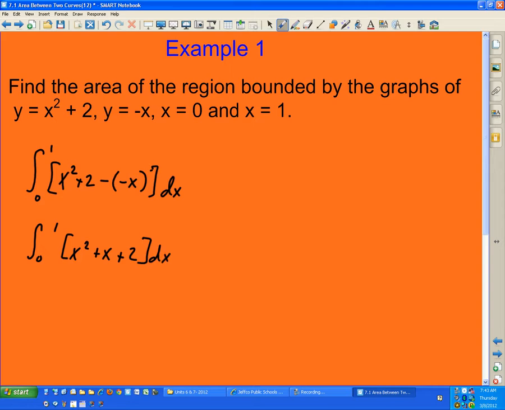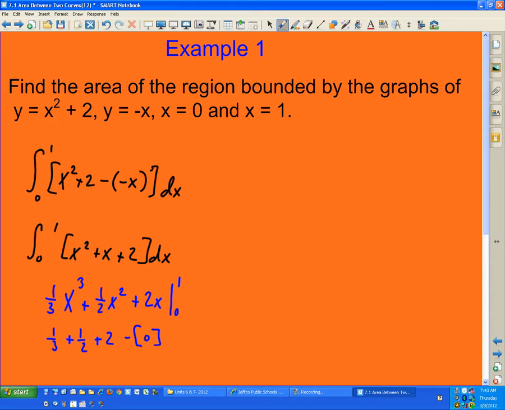Now it's just like any other problem, and when I integrate this, I will get x cubed times 1/3 plus 1/2 x squared plus 2x, and this time I'm going from 0 to 1. Plugging in 1, I get 1/3 plus 1/2 plus 2, and plugging in 0 zeroes everything out, which is really nice.